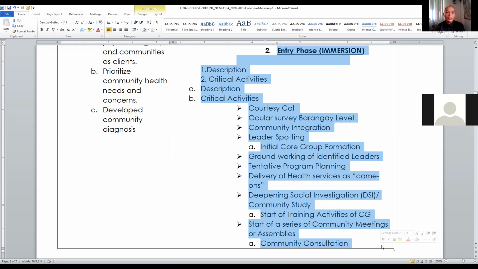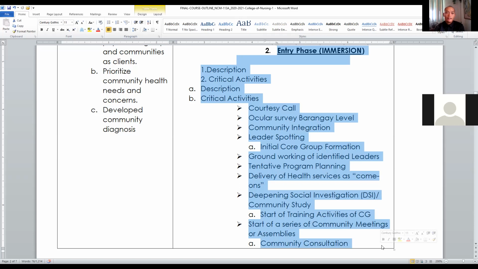Basically, titignan mo kung sino yung mga active doon sa community, sino yung mga active na kagawad, sino yung mga active na barangay officials, and we are going to maximize their potential in implementing and leading activities in the barangay.